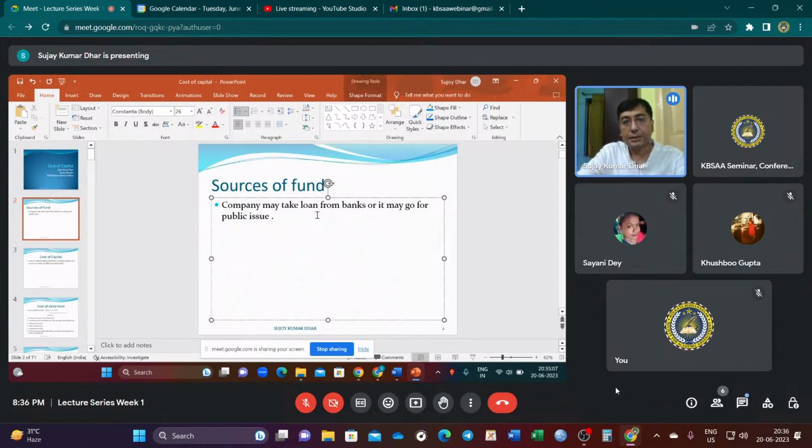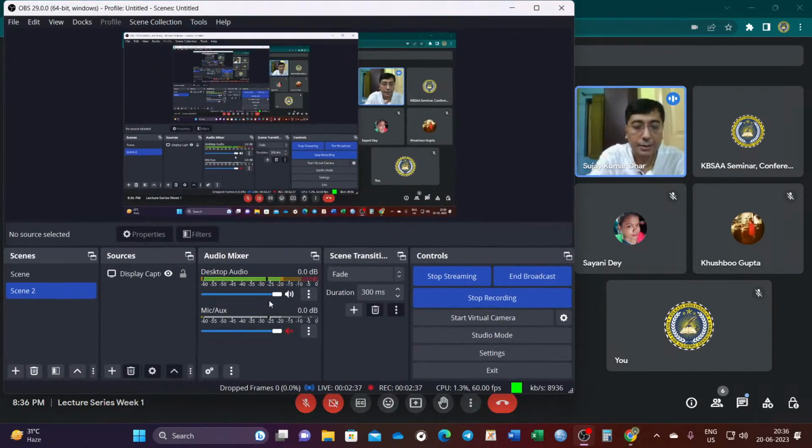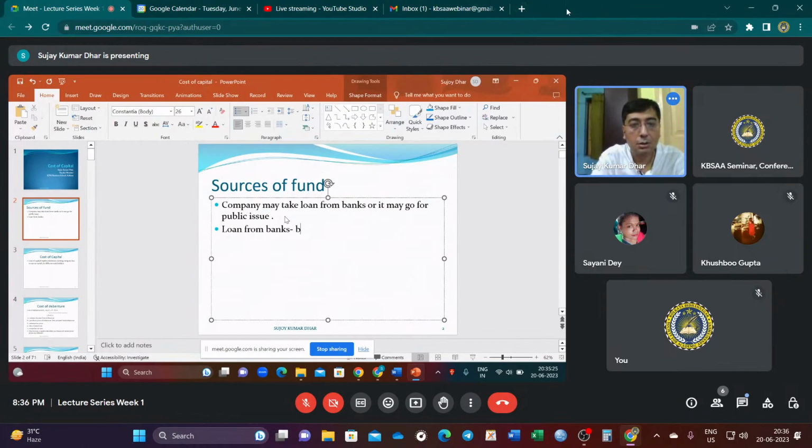That means when company takes loan from banks, it is borrowed capital. So when it is going for public issue of bond and debenture, again it is borrowed capital.